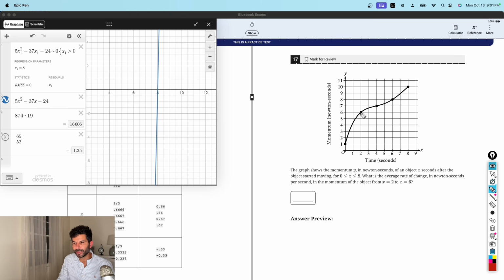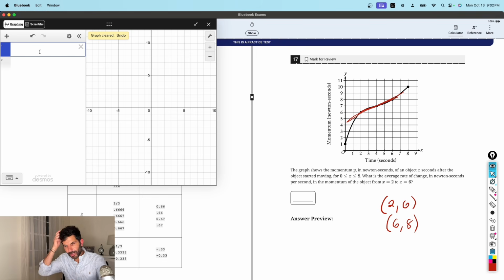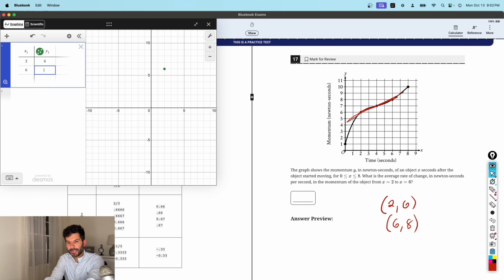So we're looking at basically what is that rate of change from those 2 points that I just cut with a red line there. I think here what we want to do is come up with our 2 points and run a linear regression to see what we're talking about here. So I'm going to go to my Desmos. Again, is that an easy one you could do manually? Sure, if you know your slope formula off the top of your head. So 2, 6, 6, 8.